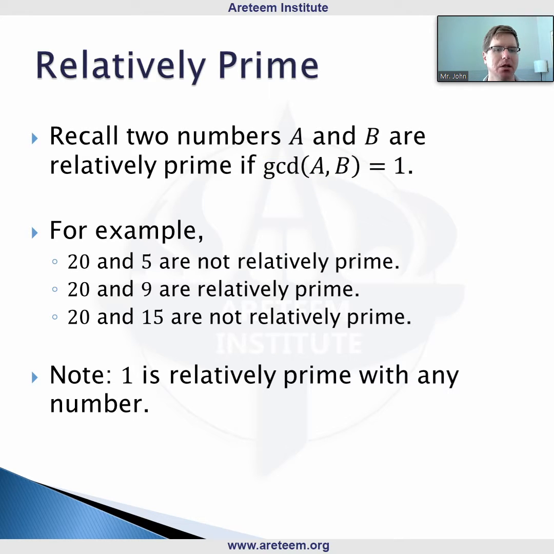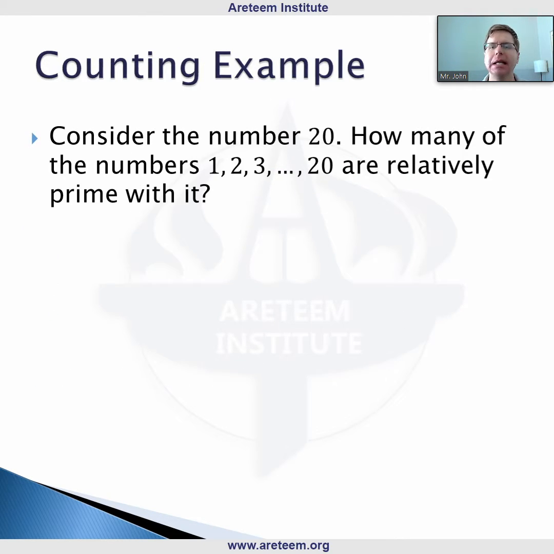Okay, so getting into the topic of the day, we want to figure out how many numbers are relatively prime to a given number. So we have the number 20, and we want to count the numbers from 1 to 20. It's kind of like factors. If we have 20, what are the factors of 20?